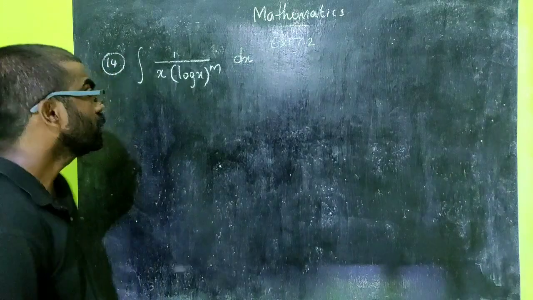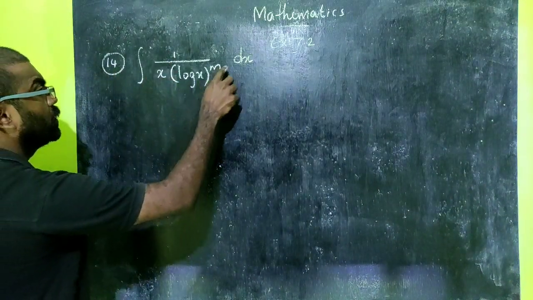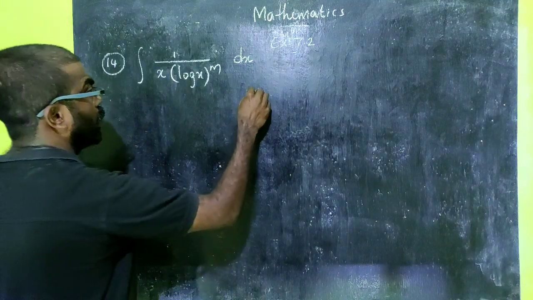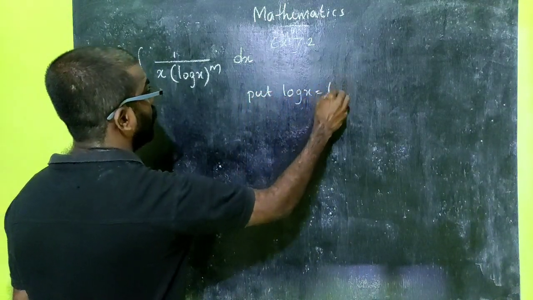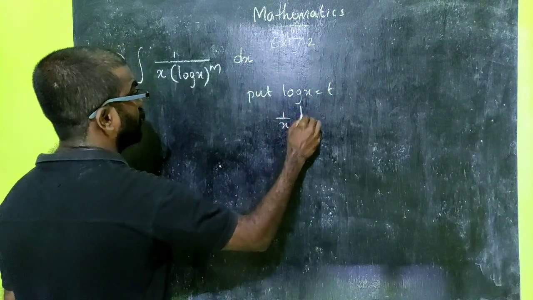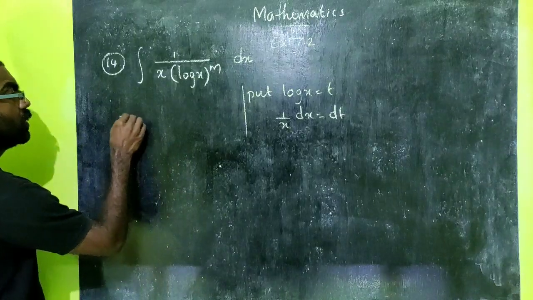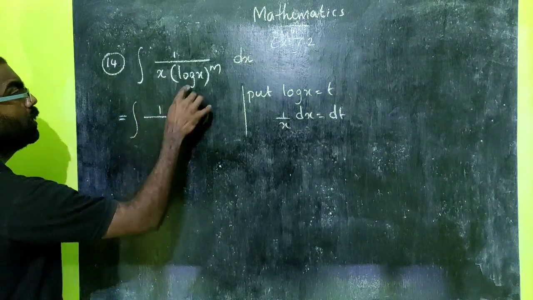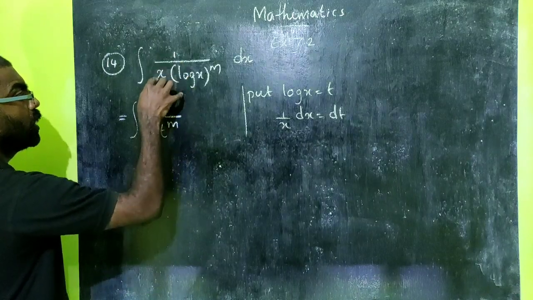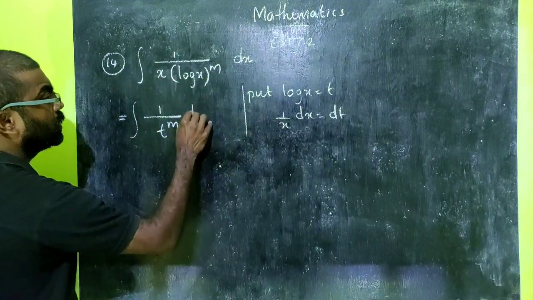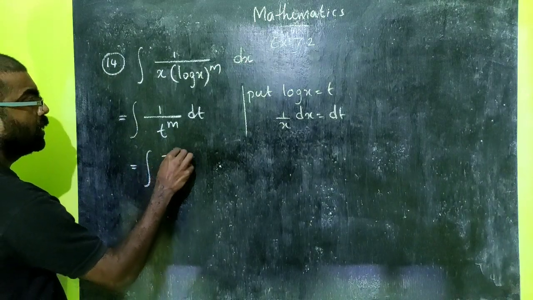Here the next question is integral 1 by x into log x raised to m dx. Here we can put log x as t, so put log x is equal to t, so 1 by x dx is equal to dt. Here we can write integral 1 by log x raised to m, that is t raised to m, and 1 by x dx, that we can write as dt. Okay, that is integral t raised to minus m dt.